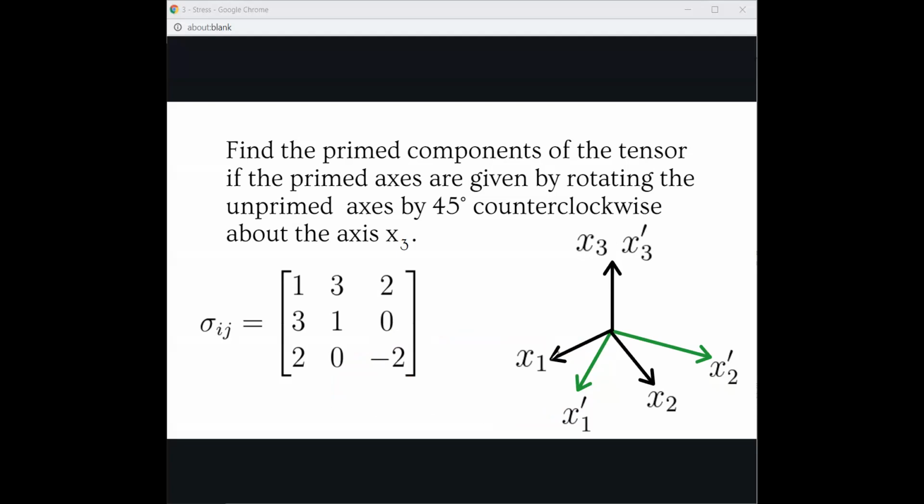Yung x1 na-rotate ng 45 degrees, pati yung x2, 45 degrees. So they have the same rotation. Same with that. Same with this. Okay, same lang yan. Okay? Move on.